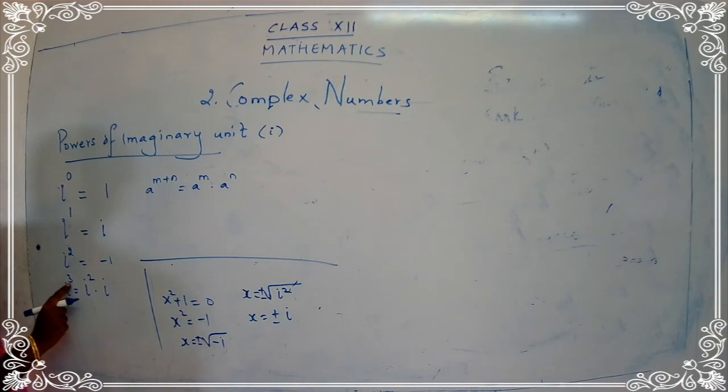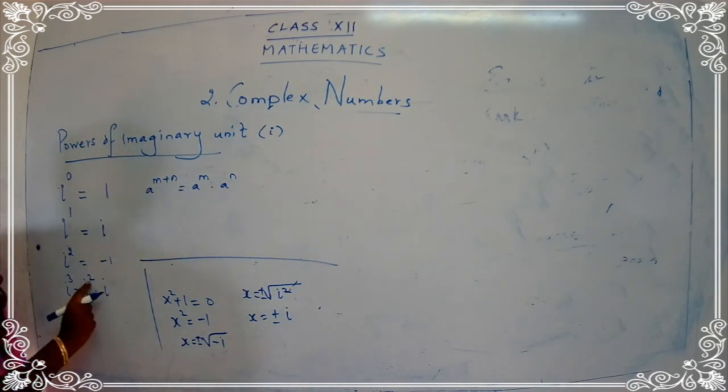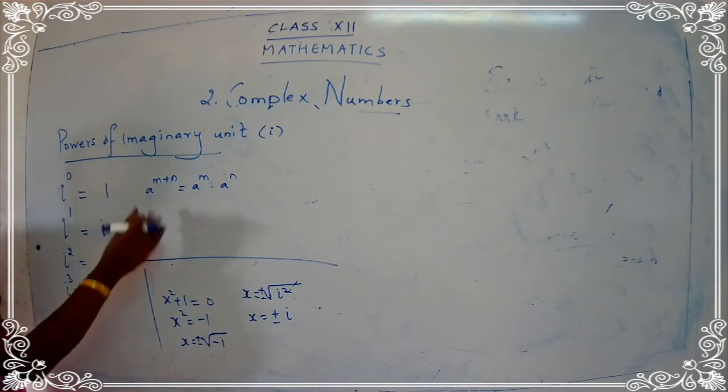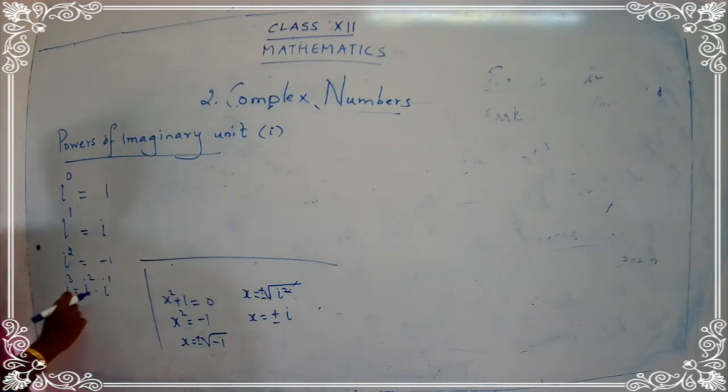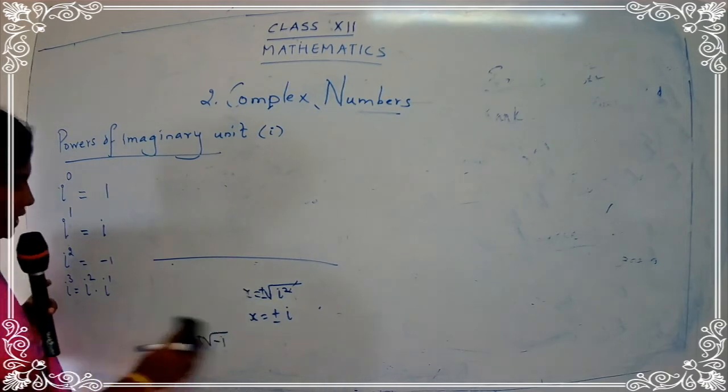We have 3 here, so 3 is split as 2 plus 1. So I raised to 2 into I raised to 1. Using the law of indices, a raised to m into a raised to n is equal to a raised to m plus n. I hope you have followed up to this point.